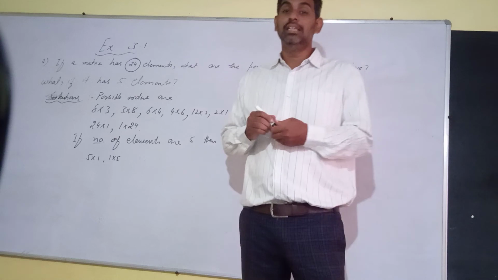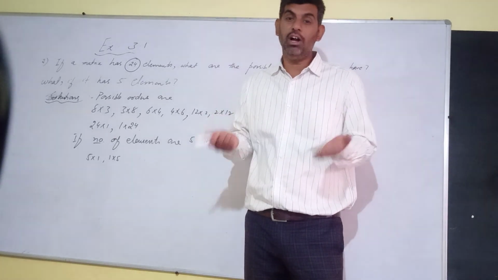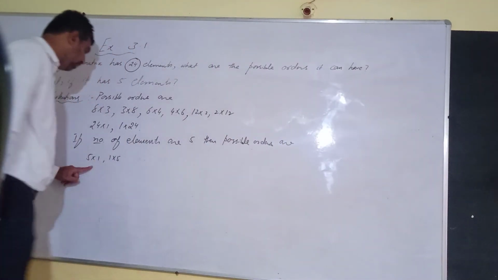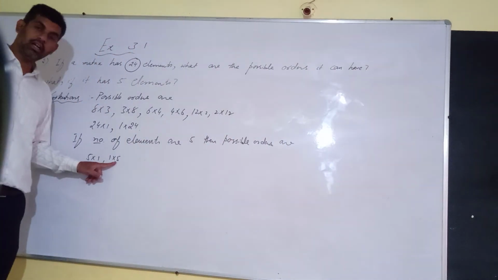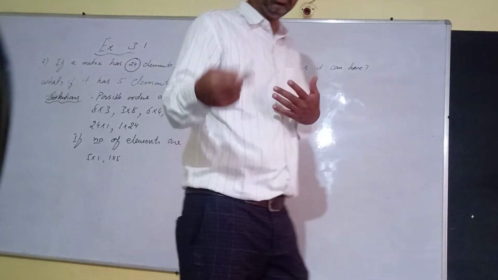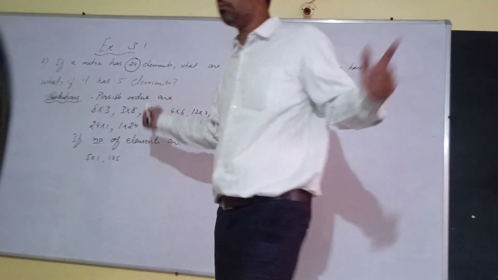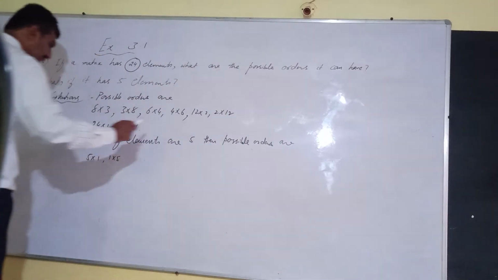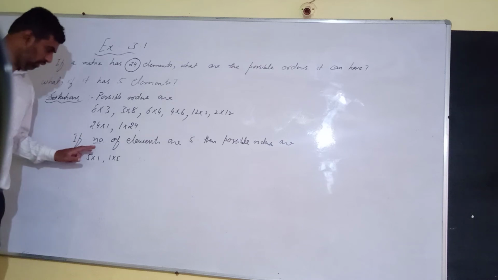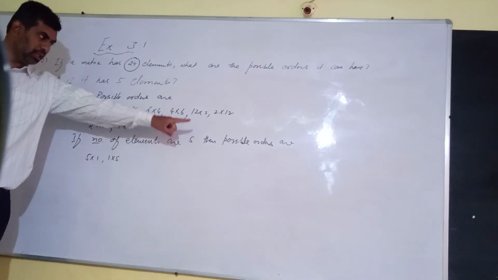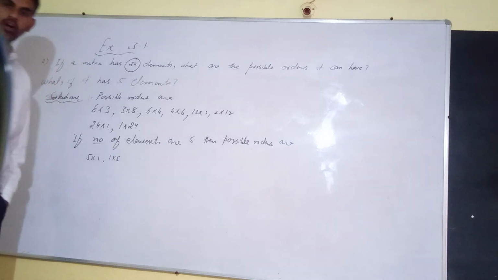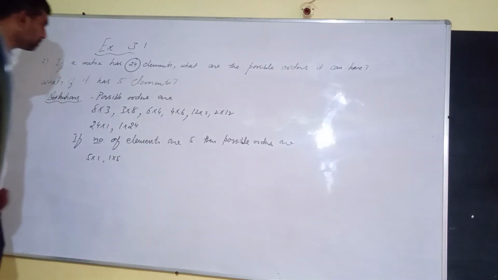What are prime numbers? The numbers which are divisible only by 1 or itself. So 5 is a prime number, so the only possible orders are 5 cross 1, 1 cross 5. In any other table, do you find 5? In the tables of 2, 3, 4, 9, 6, no, not possible. If the number of elements is 5, then the possible orders are 5 cross 1, 1 cross 5. Hope everybody is understanding.